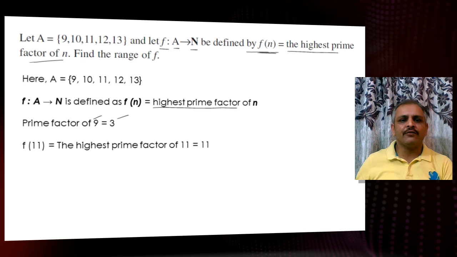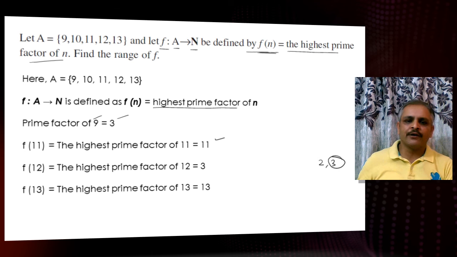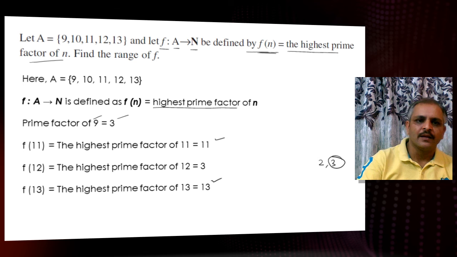The highest prime factor of 11 will be 11. The highest prime factor of 12 will be 3, because the prime factors of 12 are 2 and 3 only. So the highest is 3 only. The highest prime factor of 13 is 13.